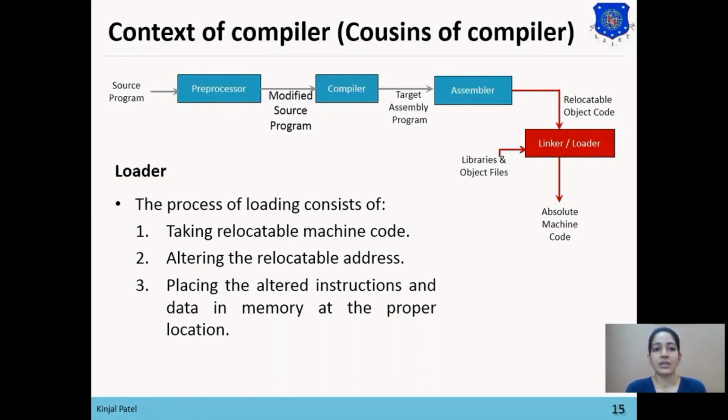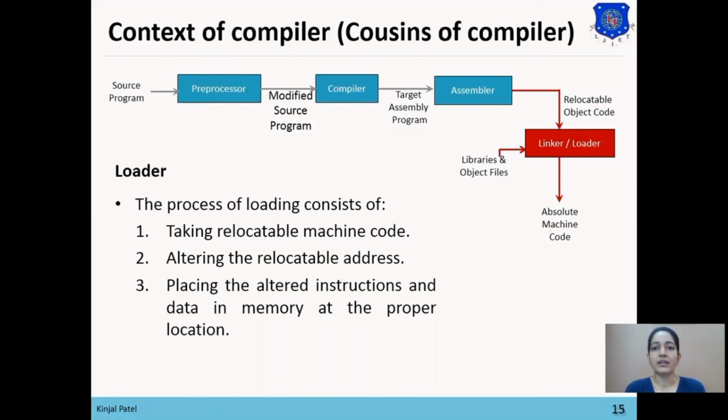First, it is passed to the preprocessor. Then the preprocessor removes hash lines and converts it into pure higher level language, and that pure higher level language will be passed to the compiler. So the compiler will convert that pure higher level language into assembly language, and that assembly language will be passed to the assembler.